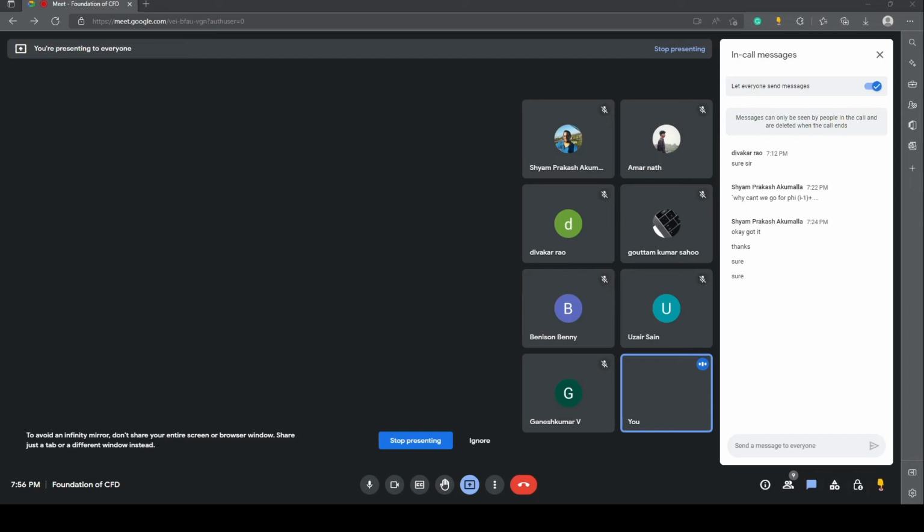Can you guys see my screen? Yes, sir. Okay, thank you. So this is the function we are solving for, and let's say my dx equal to 0.01, right? What was the dx? 0.02.